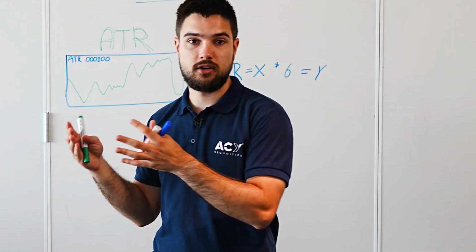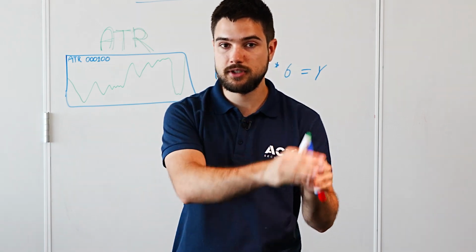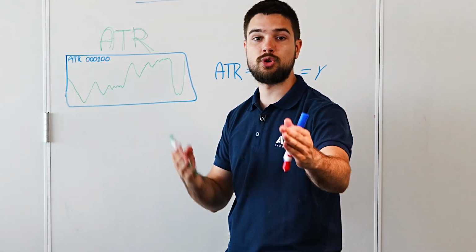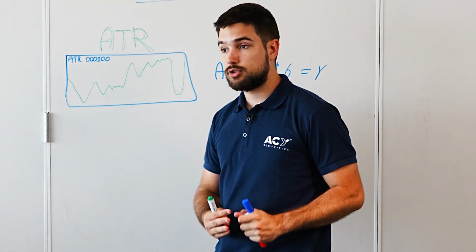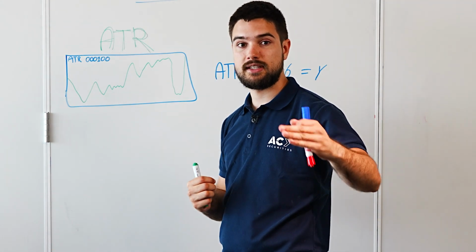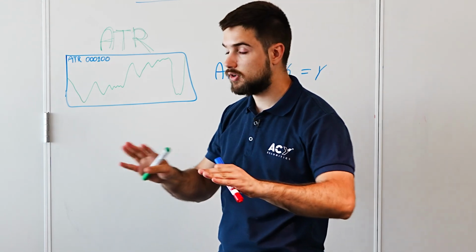What is on the 5 minute chart, the 1 minute, 15 minute, 30, 1 hour, 4 hours, daily, weekly, monthly. It just depends on your trading style. If you want to swing trade, 4 hour, daily. If you want to day trade, 15 minutes, 30 minutes, 5 minutes, it's fine, it's up to you, okay?